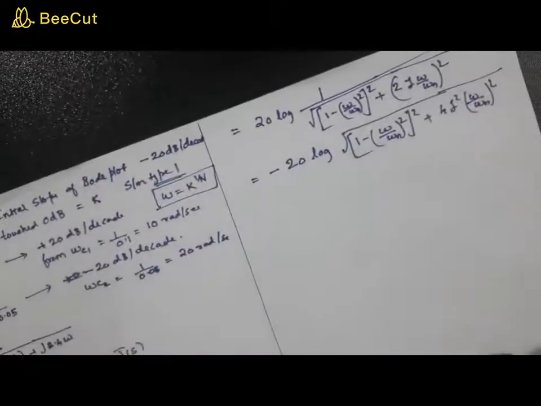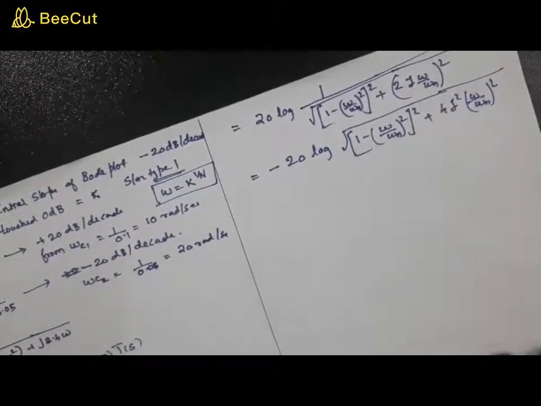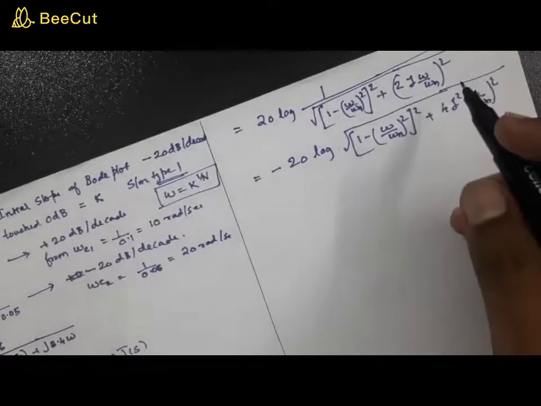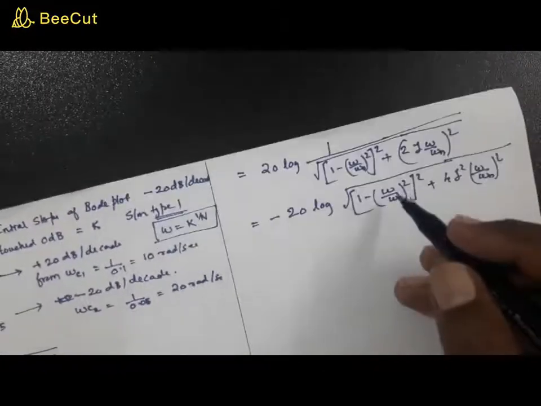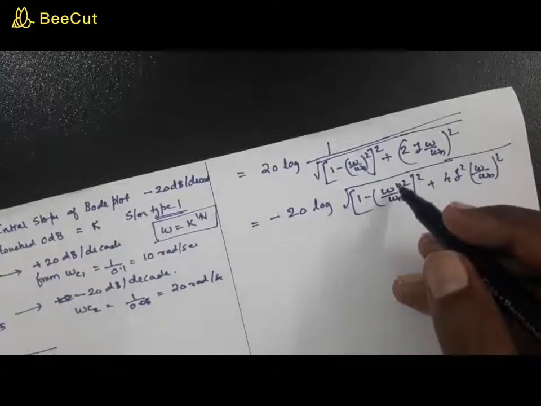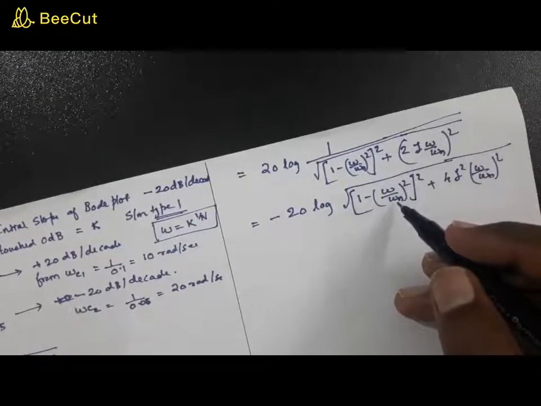Now let us see, just as we have seen in the first part of this Bode plot, how to find the magnitude of such plots. Now we need to know that there is omega, and there is a term called omega n.